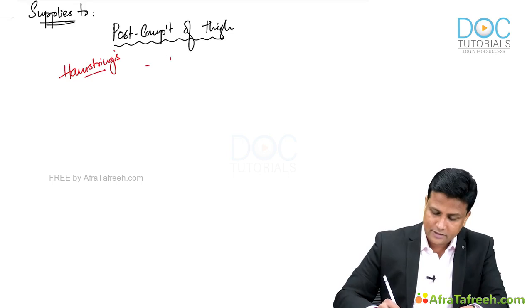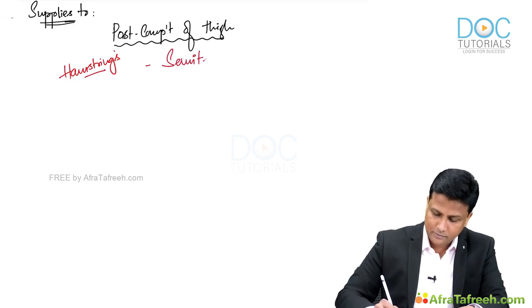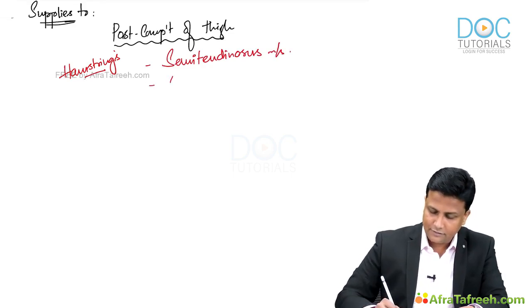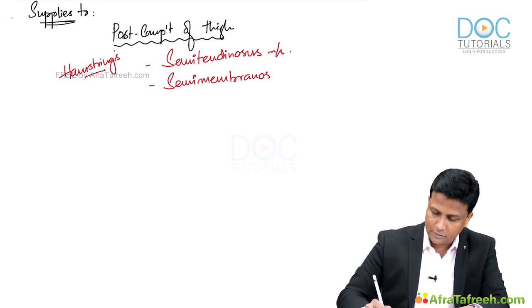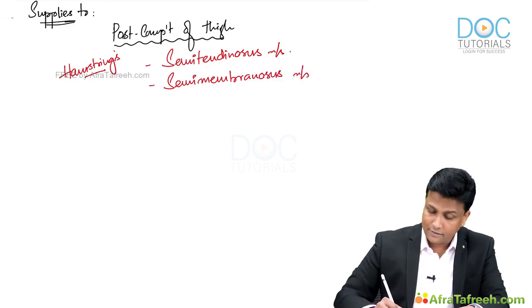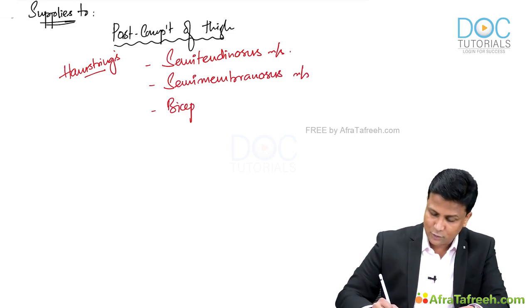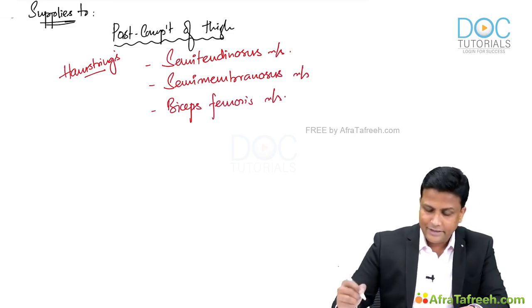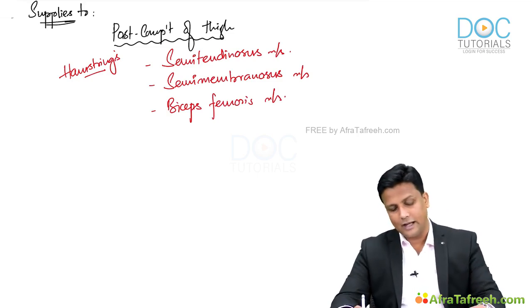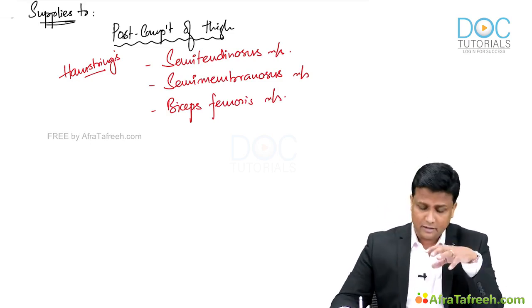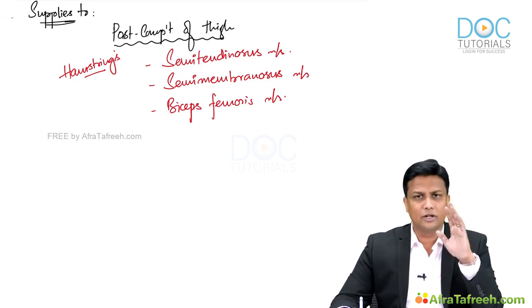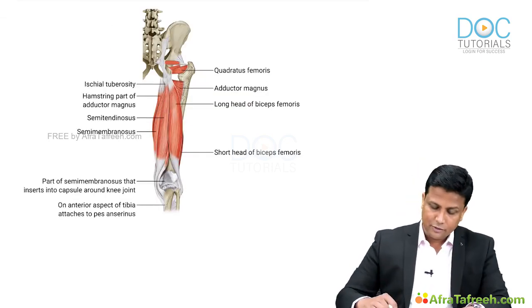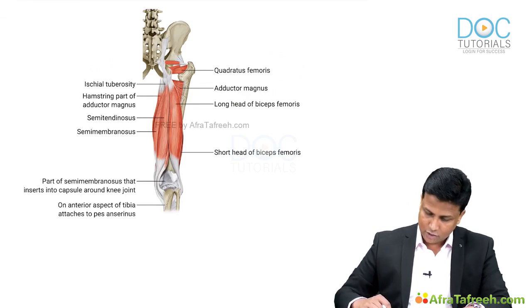Number one, semitendinosus muscle, and then semimembranosus muscle, and then the biceps, and of course here it will be biceps femoris muscle. So semitendinosus, semimembranosus and biceps femoris, these three are your hamstring muscles present in the posterior compartment of thigh.